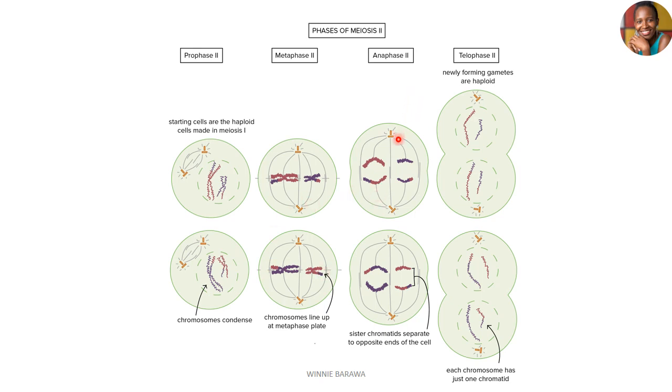And then during anaphase, we shall separate the sister chromatids. And once this successfully happens in telophase, we shall have formed new daughter cells with haploid state. That is, they'll have half the chromosomal number like the mother cell or the parental cell.